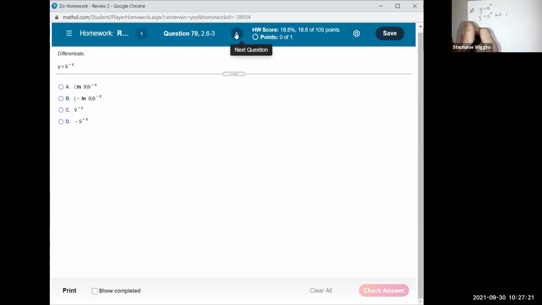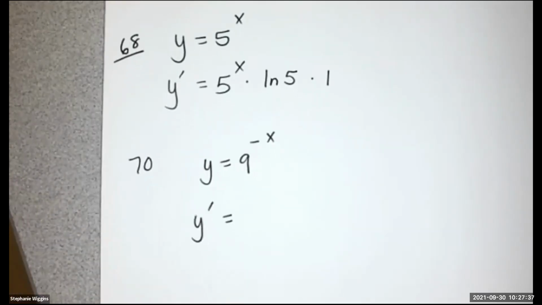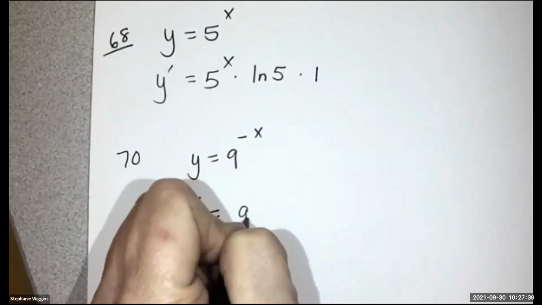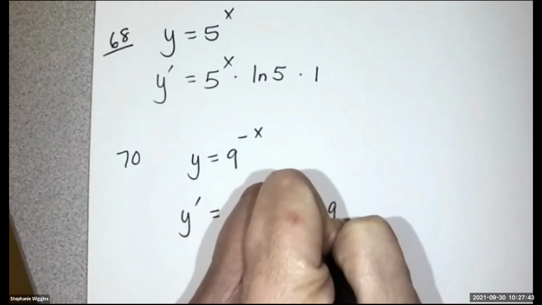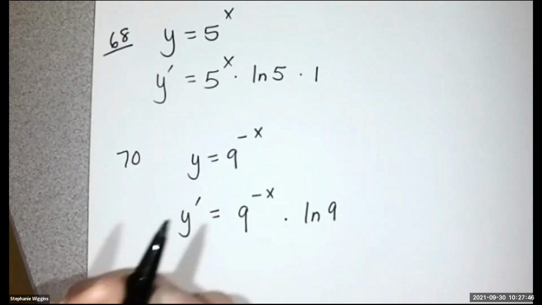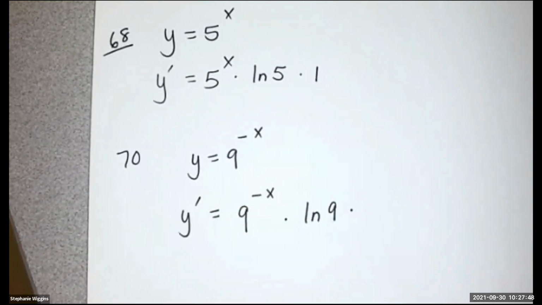Well, okay, actually, this one, number 70, we're doing y equals 9 to the negative x. So we're differentiating 9 to the negative x. It's exponential because the variable is an exponent. So we copy what we see, that's the first step. So 9 to the negative x, multiply by the natural log of the base. The base is 9. And then multiply by the derivative of the exponent.